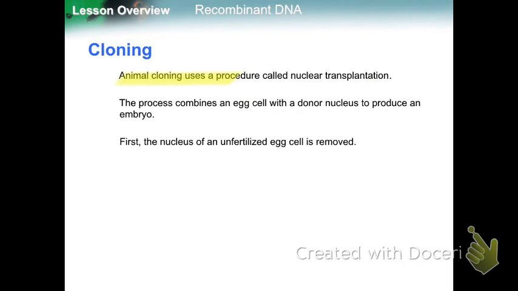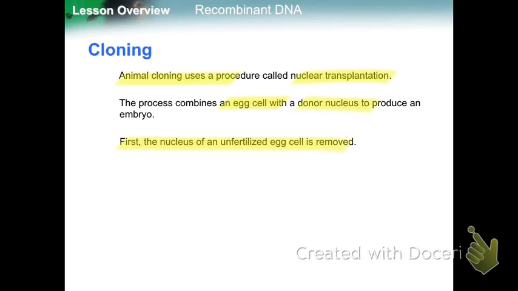Animal cloning is completed using nuclear transplantation. So what happens is we have an egg cell with a haploid nucleus. That's removed and replaced with a diploid donor nucleus from a body cell of the donor organism that produces an embryo.